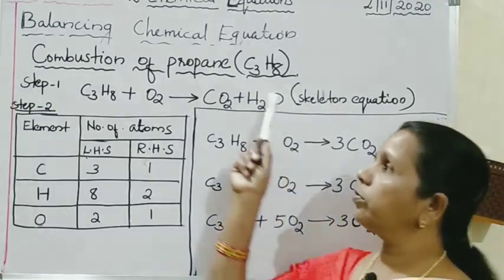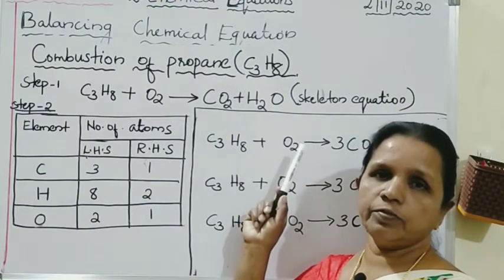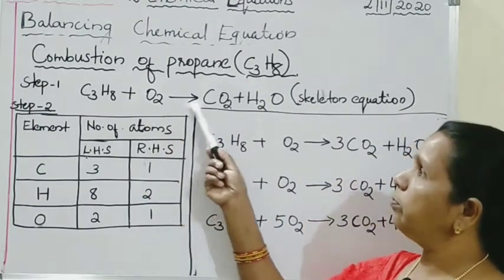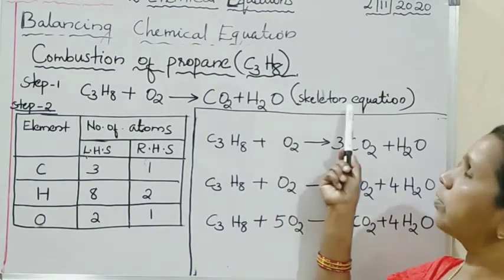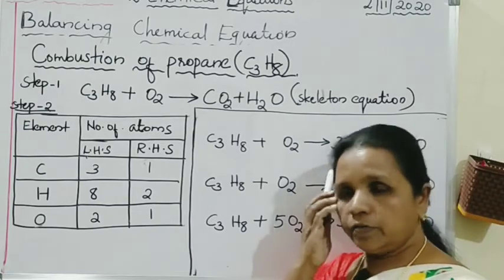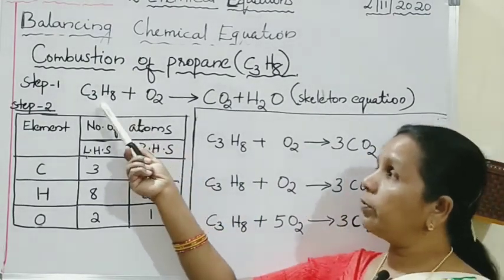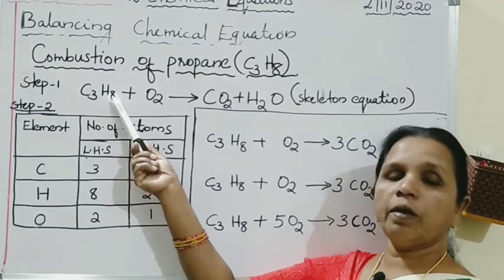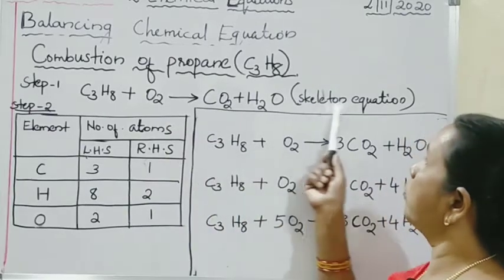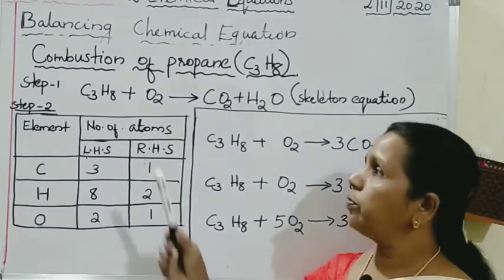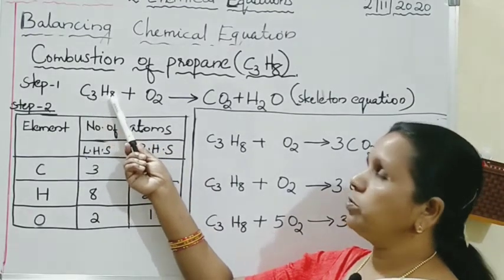First we have to write the skeleton equation. A skeleton equation is a chemical equation written with chemical formulas, but it is not balanced. First step you wrote here: C3H8 means propane.